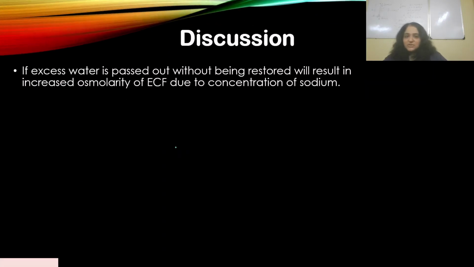If excess water is passed out without being restored, what will happen? It will result in increased osmolarity of ECF due to concentration of sodium. When too much water is being passed out, in this hypothetical situation, and the kidney is not able to restore that water, there is obviously too much concentration of sodium in the ECF.